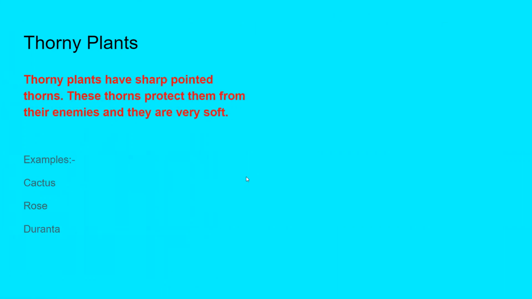The next one is the thorny plants. Thorny plants have sharp pointed thorns. These thorns protect them from their enemies, and otherwise they are very soft. Students, you have seen the thorns on the rose plant, cactus, and duranta. And mostly the thorny plants are found in the desert like Rajasthan, where there is a deficiency of water.